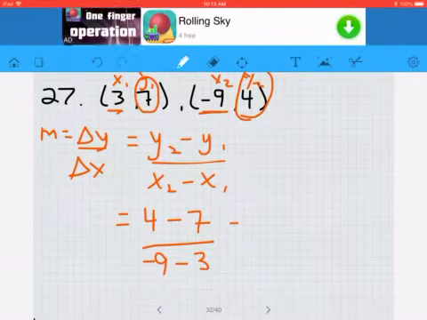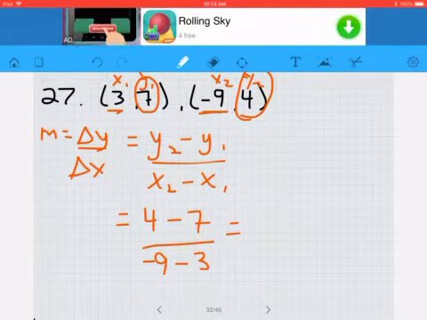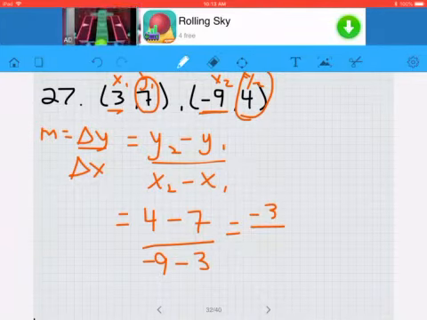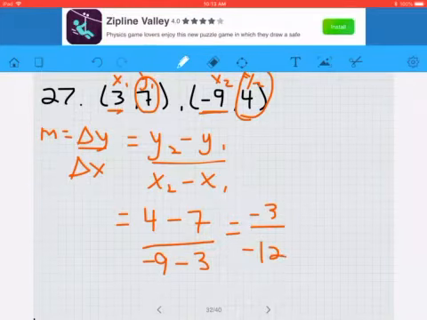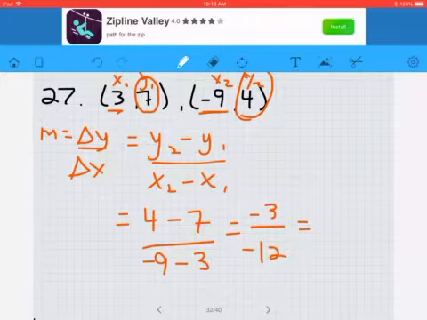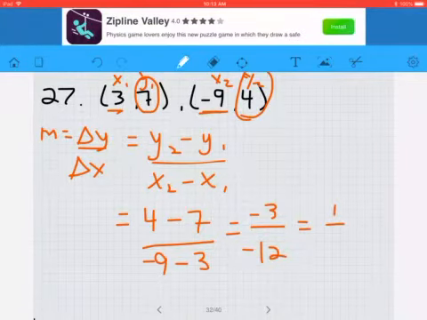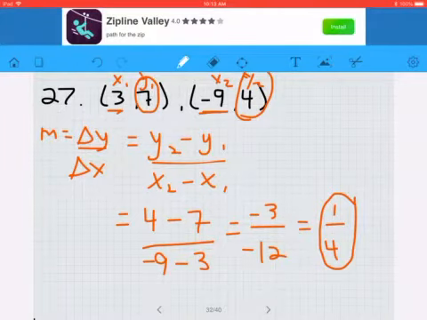Let's simplify. 4 minus 7 gives me negative 3, and negative 9 minus 3 gives me negative 12. We can simplify this even further. A negative over a negative gives me a positive, and 3 and 12 have a common factor of 3, so we can reduce both by 3 and we'll get 1/4 as our slope.